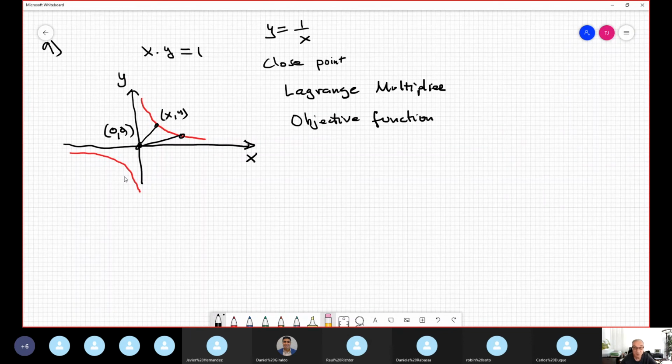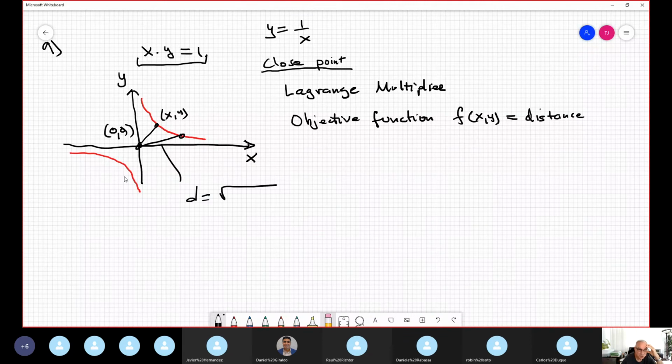In this case, minimize because it's closest. Entonces, the objective function is normally expressed like f of x, y, no? It is the distance from any point on the curve to the origin. This is super easy. The distance formula is the square root of x squared plus y squared. This is the objective function.